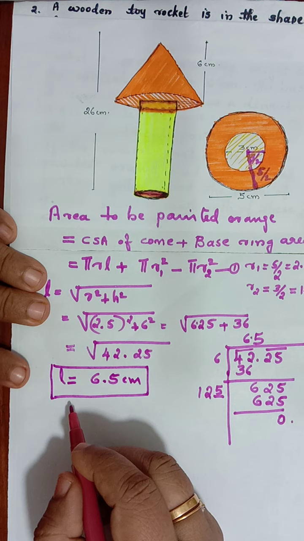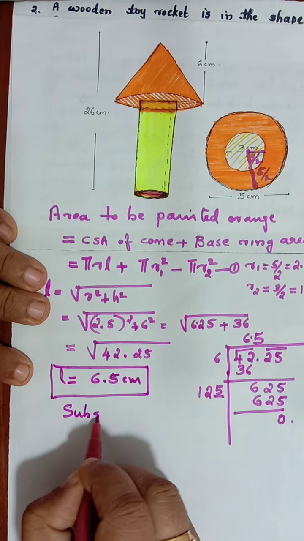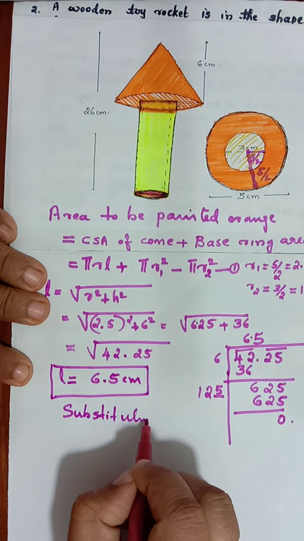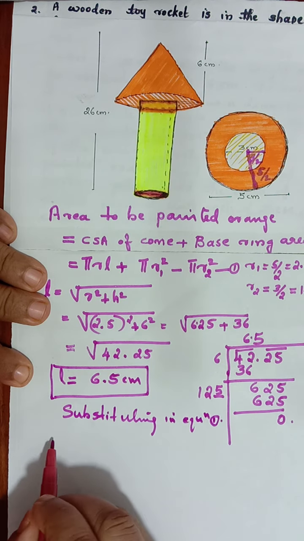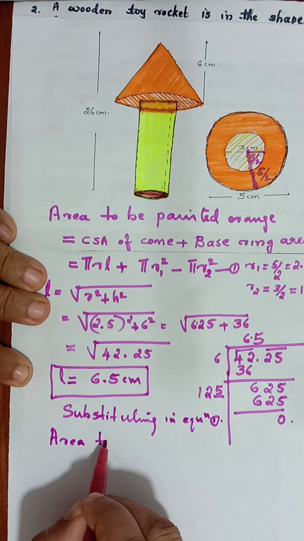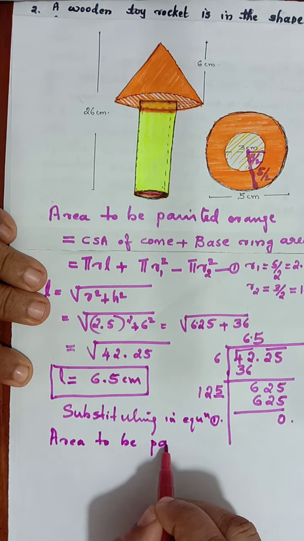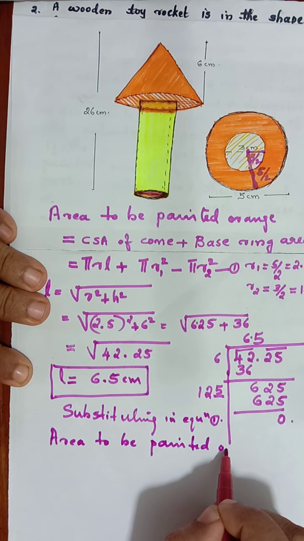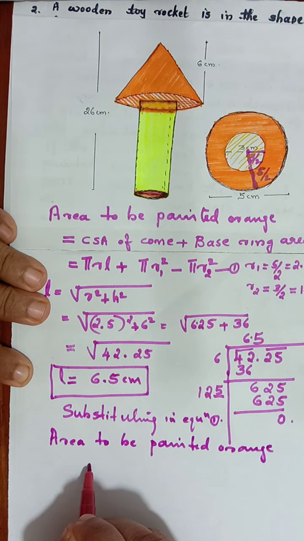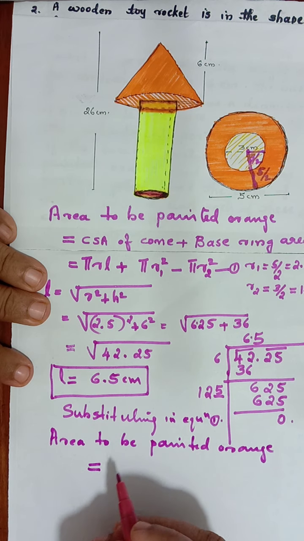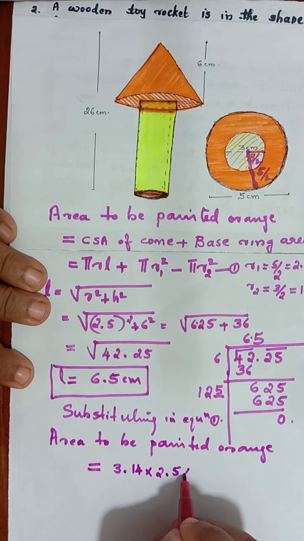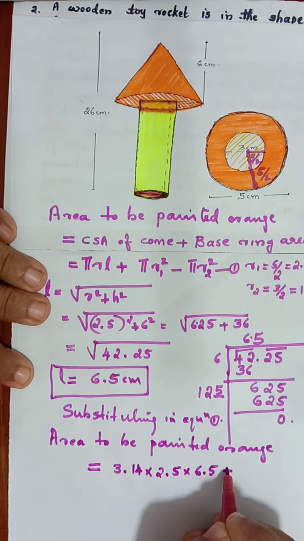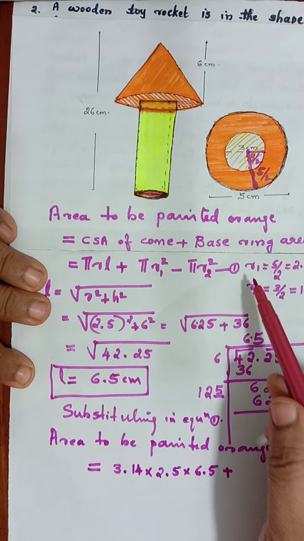Now we are going to substitute in equation 1. Substituting in equation 1, what do we get? Area to be painted orange equals CSA of the cone, pi RL. 3.14 they have given, pi into radius, it is 2.5 into L, which is 6.5, plus pi R1 square minus pi R2 square.